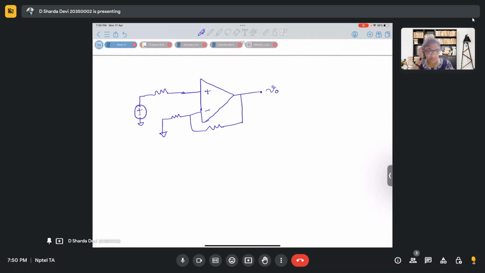The feedback resistance is given as R2, and the other one, which is connected parallel to it, is given as R1. And they've given the beta expression, and there's also a load resistance connected in the end. Yeah, that's the circuit.